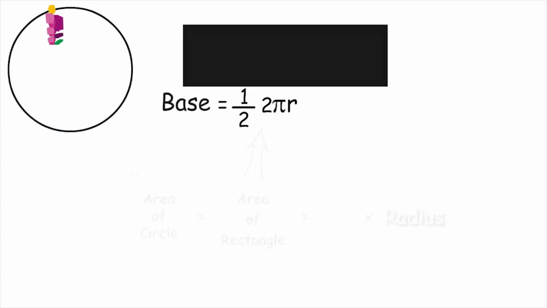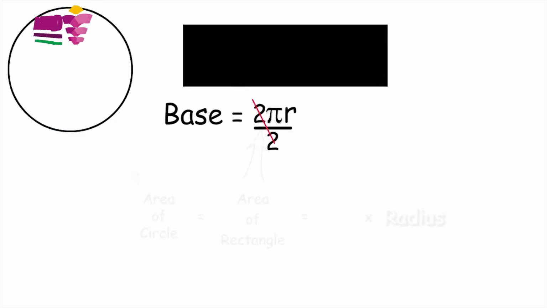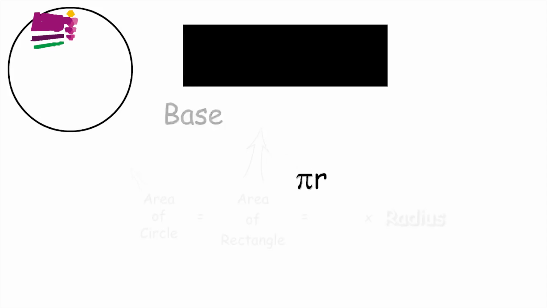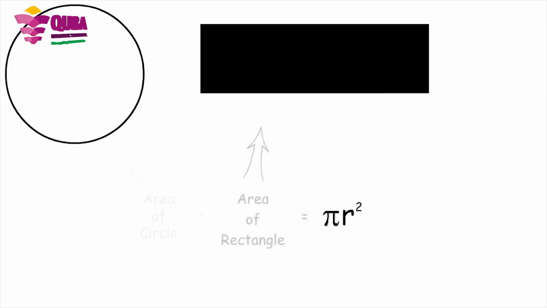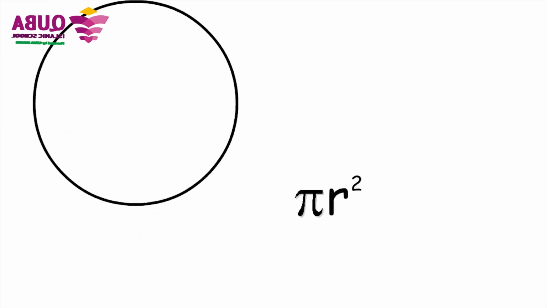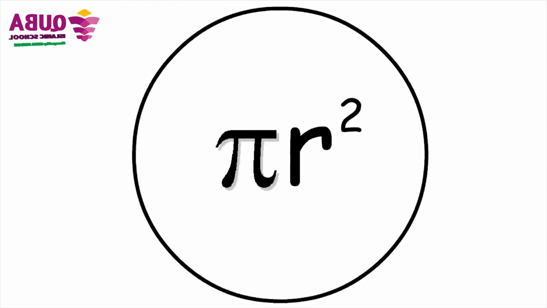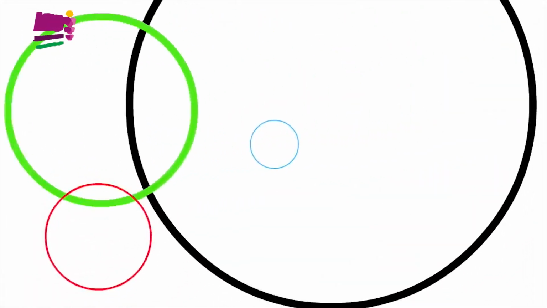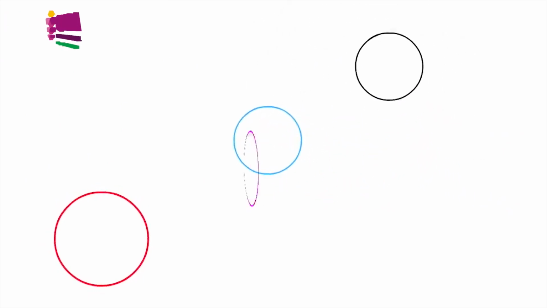When we combine it with 1/2, the 2's cancel out, and base is equal to pi r. So now base times height becomes pi r times r. Combine the r's together and we have pi r squared, which is equal to the area of the rectangle, which is equal to the area of the circle. So pi r squared can be used to calculate the area of a circle of any size.